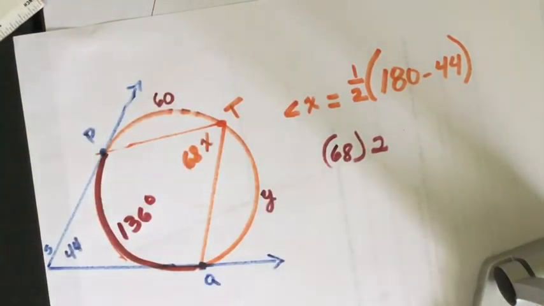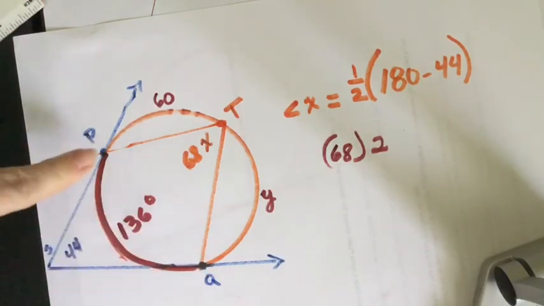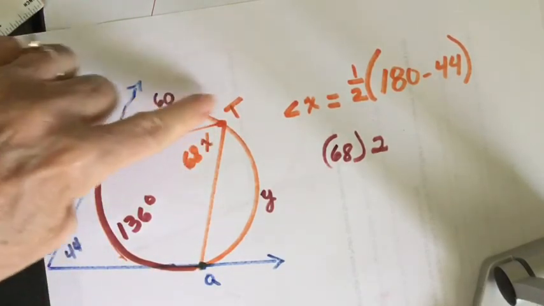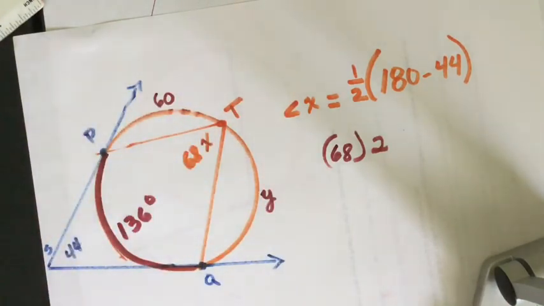All right, so let's think what we have here. I now know that this arc is 136, and I know that this arc is 60. I know that all three of them together should equal 360 degrees because it's a circle.